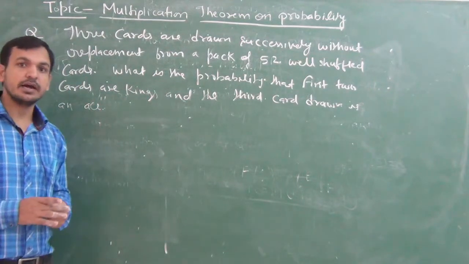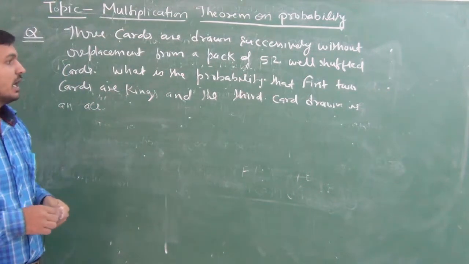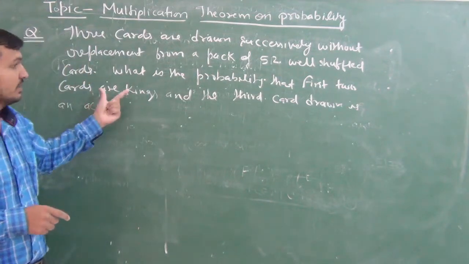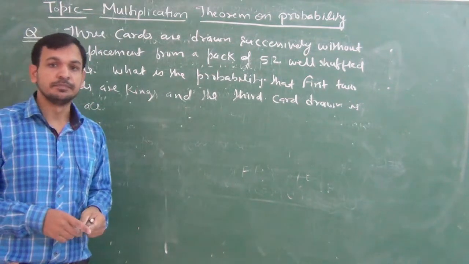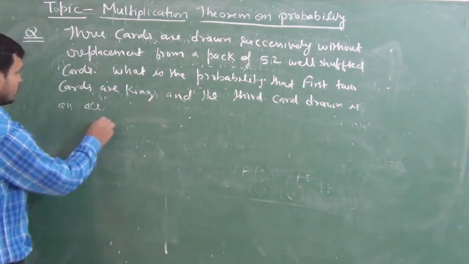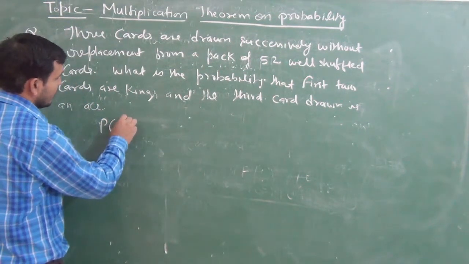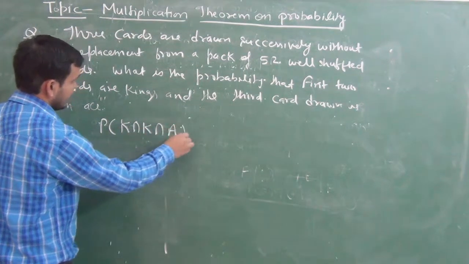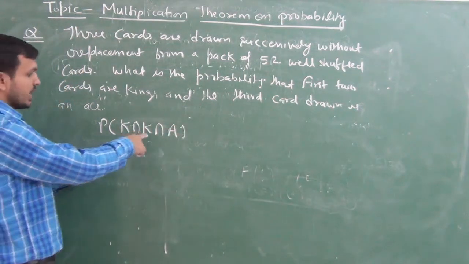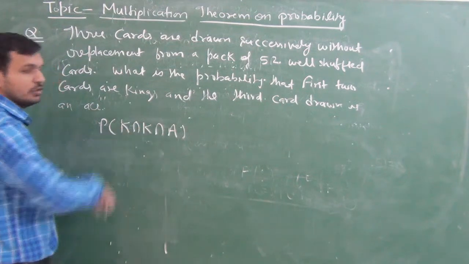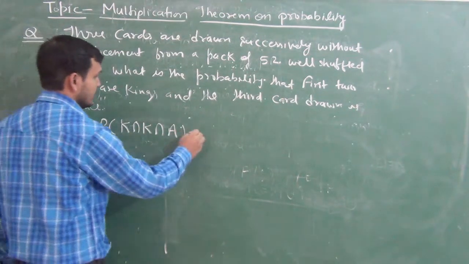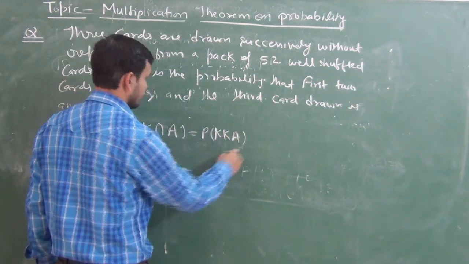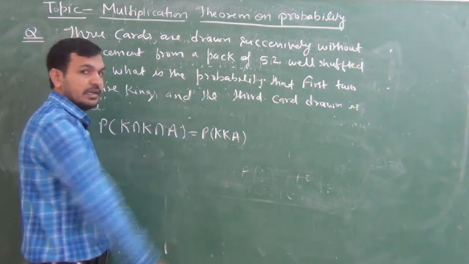So we want to find the probability of K intersection A. It means the first one should be king, the second one should be king, and the third one should be an ace. We can also write it as KKA.